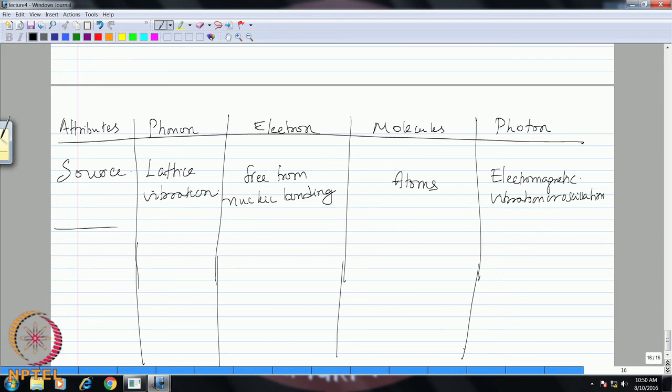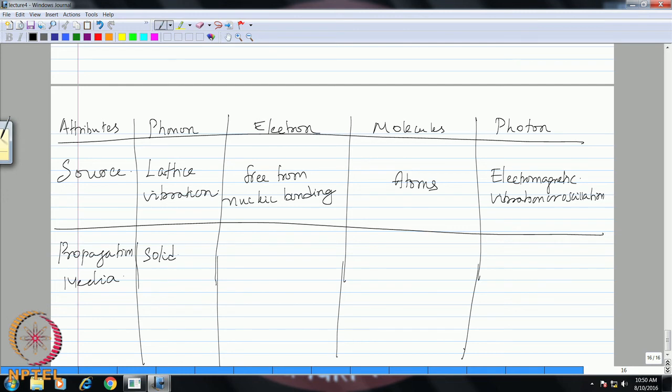Now, let us look at the next attribute, propagation media. What about phonons? Typically the propagation media is solids, it could also be metals. But the most dominant ones are in semiconductors, dielectrics, and to a lesser extent in metals.